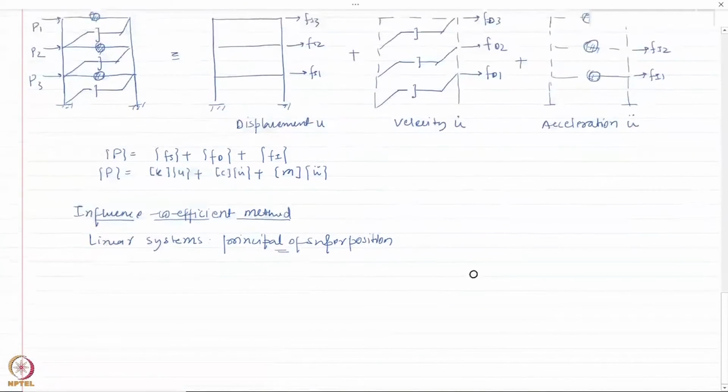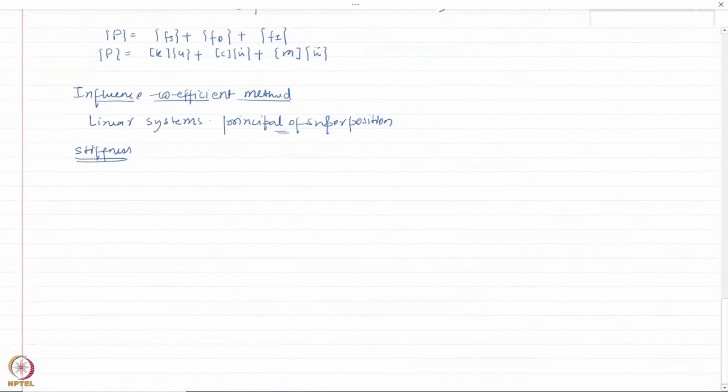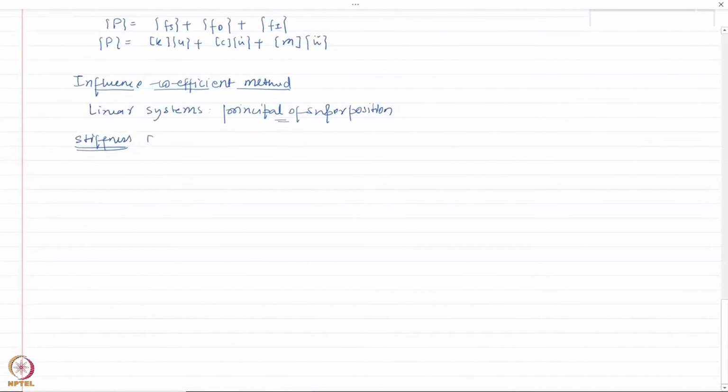So first let us start with the stiffness matrix. Now using this influence coefficient method, basically we individually find the stiffness matrix, then the damping matrix, and then the mass matrix.